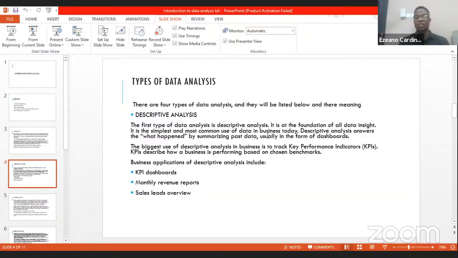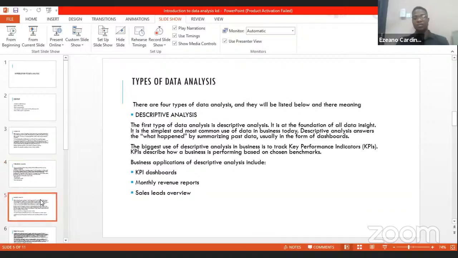That is what descriptive analysis means. Most times it is used in the sales department. They use descriptive analysis to find out what happened that made them arrive at a certain kind of income. What did they do and how did they do it?